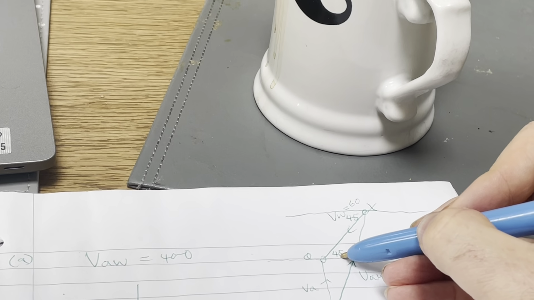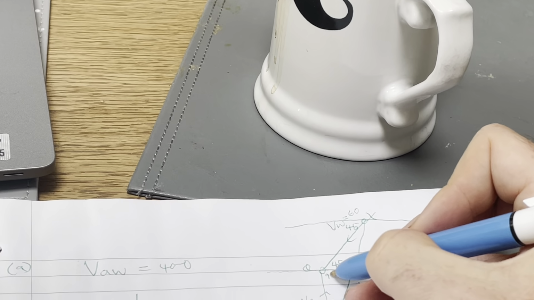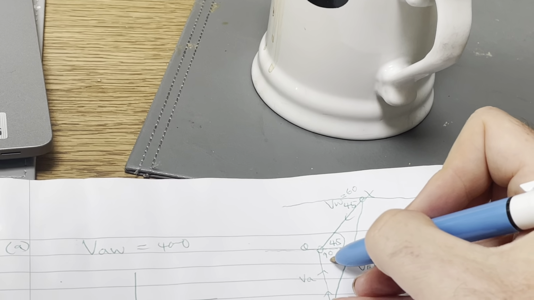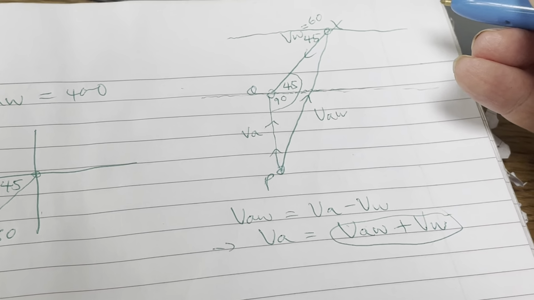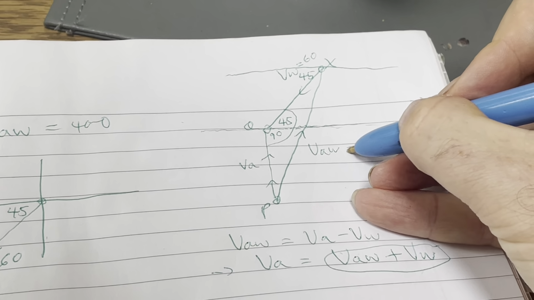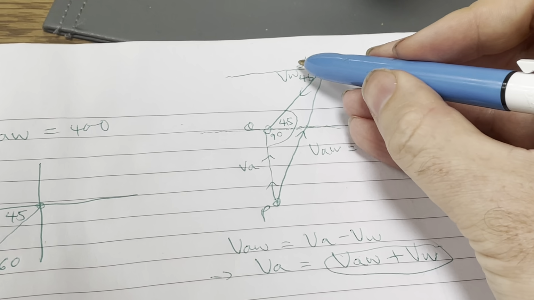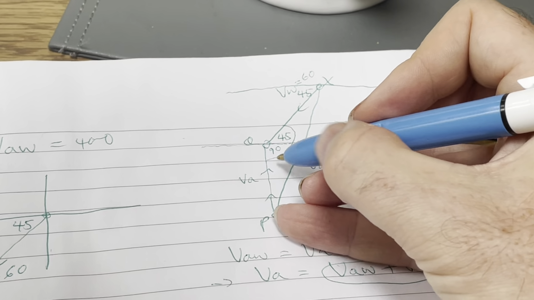And they're alternate angles. So relative to the horizontal there, you know that's 90. So we now know the combination of those two, which is 135. Do we know anything else? We know VAW is 400. We know that's 60.